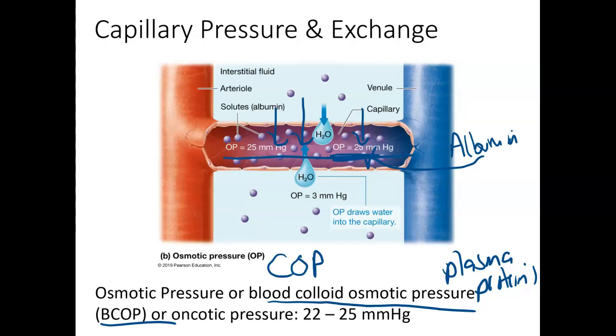It does not change from an arterial end to a venule end. The only way that would change is if it was leaking out, and it shouldn't leak out because it's too big. Now, if you poke holes in your coffee filter, if I have damage to my cells, albumin might leak out. Do you remember where it was made? Albumin was made in the liver. So we also need a healthy liver to maintain these balances.